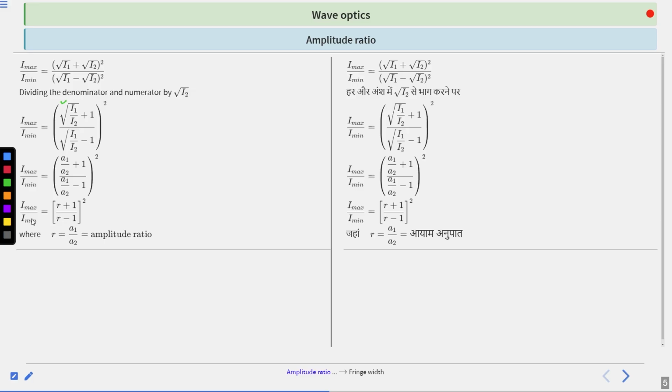So I max by I minimum is equal to R plus 1 divided by R minus 1, whole square, where R is equal to A1 divided by A2, and this is the amplitude ratio.